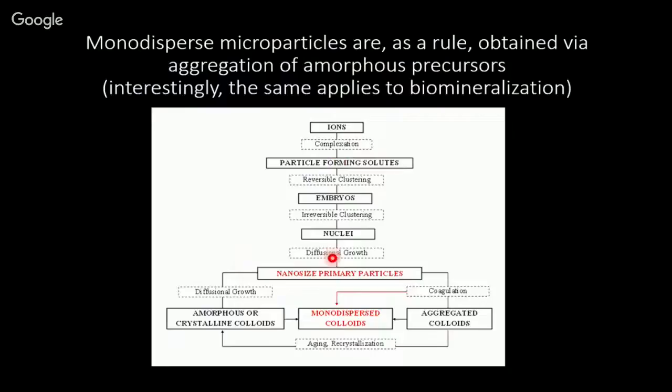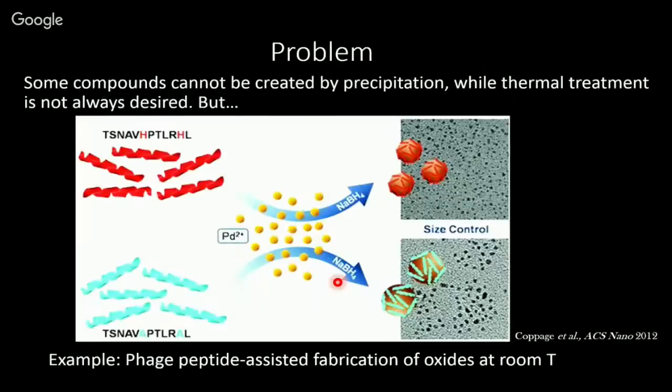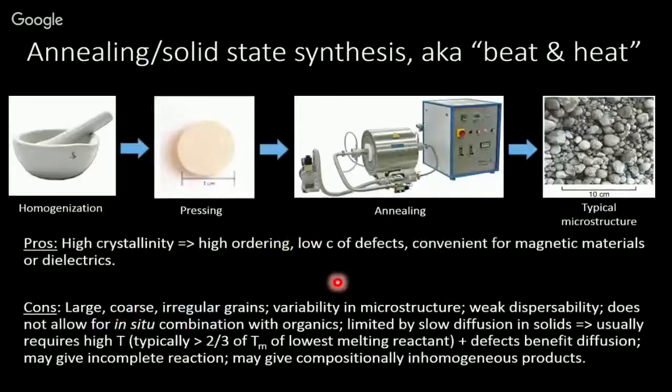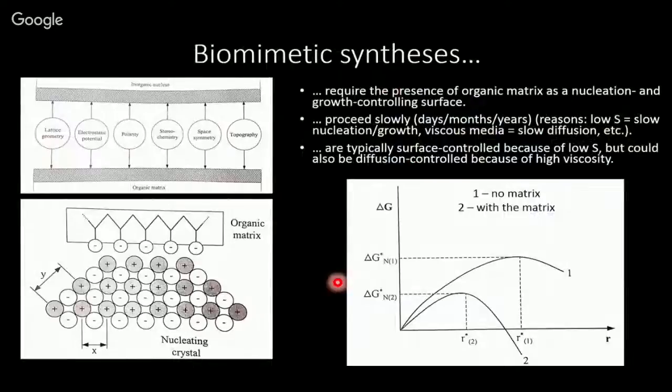You go from ions to nano-sized primary particles, and they form crystals, and they coagulate, or they do diffusional growth. So this was the precipitation, and now we can go through other methods.